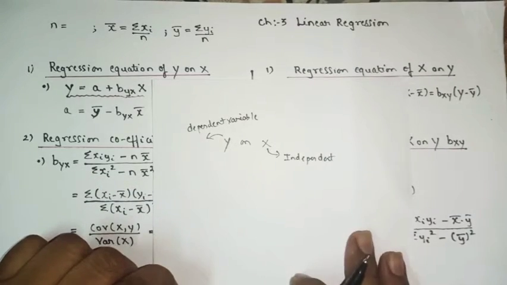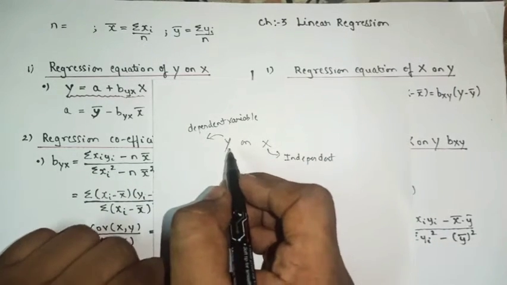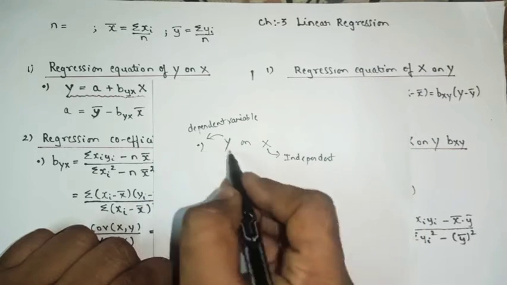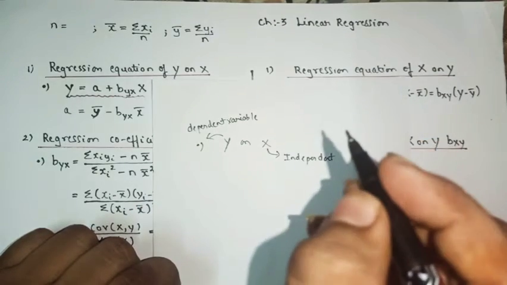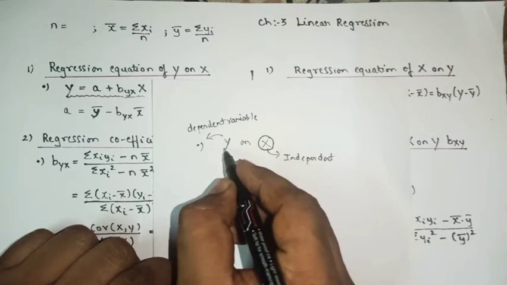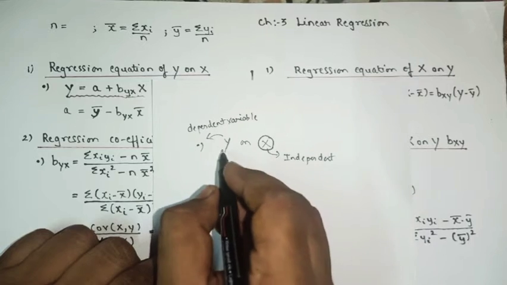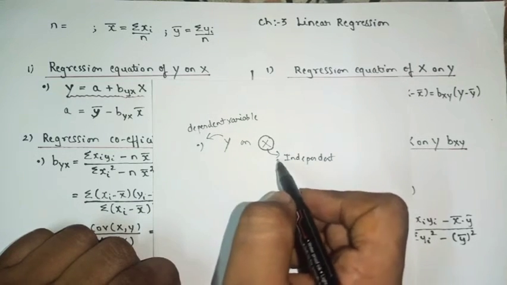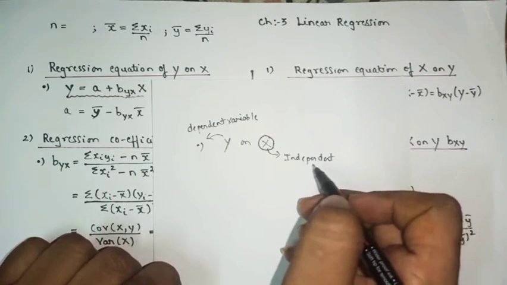So in simple language it means y depends on x. If you have the value of x, then only we can find the value of y. So that's why in y on x, y is known as dependent variable and x is known as what? Independent variable.